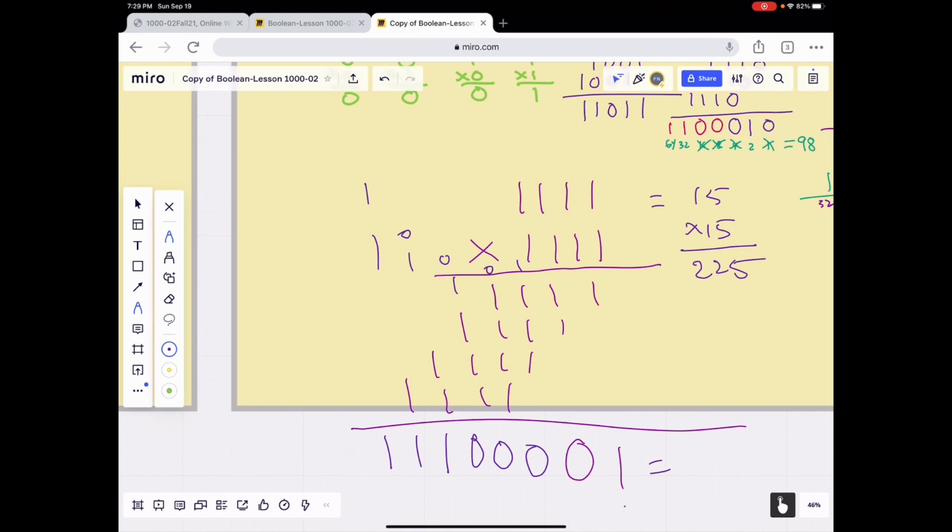So this one is 1, all right, you don't have to worry about this one. 2, 4, 8, 16, you got 32, 64, and 128. 128 plus 64 equal 192, 192 plus 32, and plus 1. We got 225. So 225 is the answer. So this one and this one is correct.